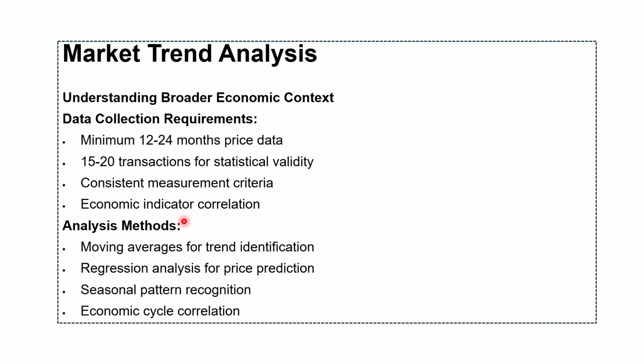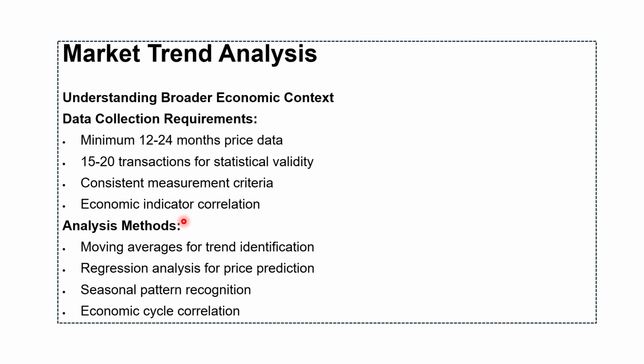For analysis methods: moving average for trend identification, regression analysis for price prediction, seasonal pattern recognition, and economic cycle correlation. So basically these are some analysis methods we can use, understanding the different seasons. We have seen the seasons affecting the price. So when we are coming up with analysis, we are doing all that.